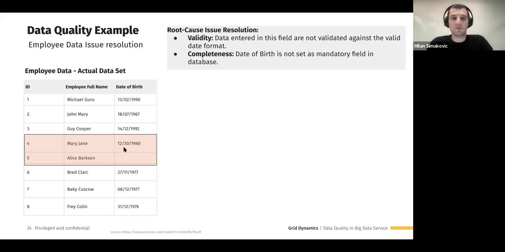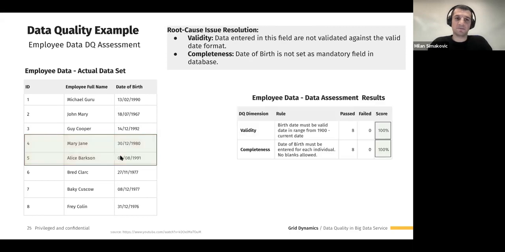On the first row, we would fix this invalid date. Here we can see that month and day replaced places, and we populate the date on the 5th row. And once we fix that, we are improving our data quality scorecard. So validity is ideally at 100% and completeness is at 100%.